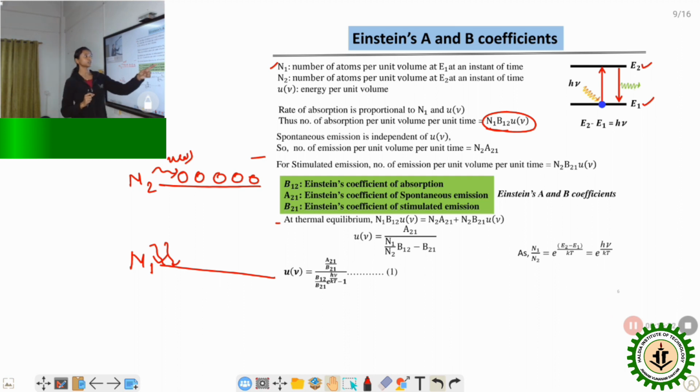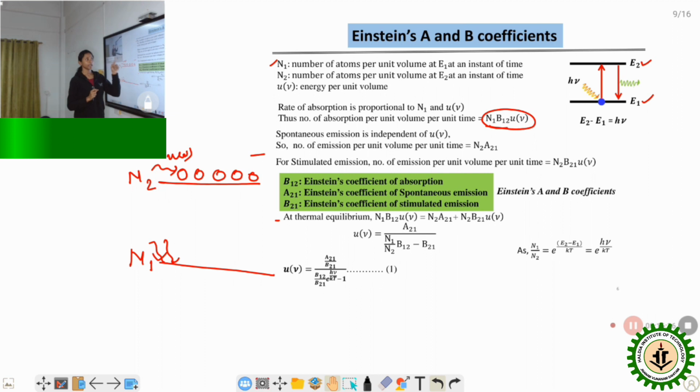So it is proportional to the number of atoms at the excited state as well as U(ν). The stimulated emission will be given by N2 B21 U(ν), where B21 is the proportionality constant.